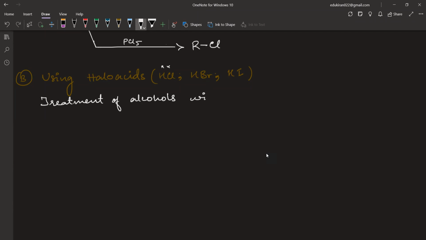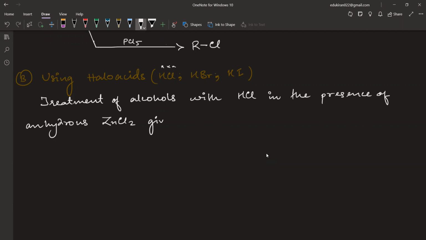Now this HCl is very important. That's why I will be writing in terms of HCl: treatment of alcohols with HCl in the presence of anhydrous ZnCl2 gives alkyl chloride.